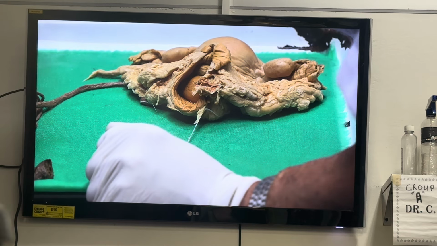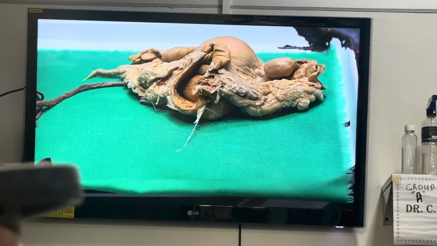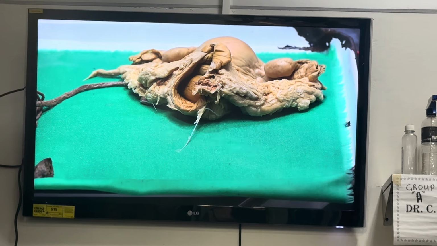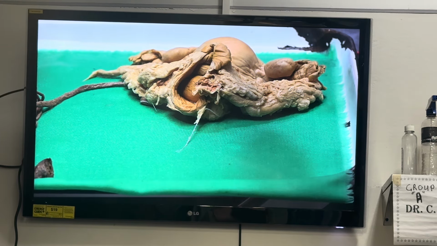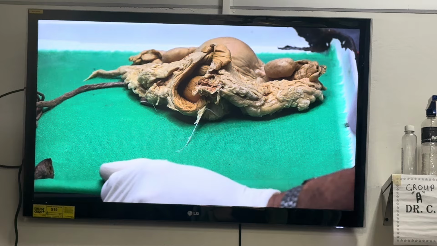The round ligament and ligament of the ovary are in continuity, like in the male, and are represented developmentally from the gubernaculum. So in our guys, the gubernaculum guides the testicle down into the scrotum.